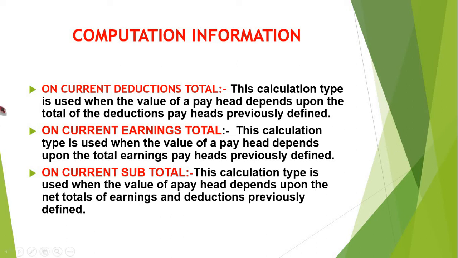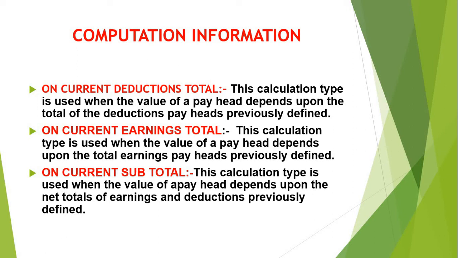Next one, on current earnings total. This calculation type is used when the value of a pay head depends upon the total earnings pay heads previously defined. So what are the total earnings pay heads? Basic, DA, HRA, conveyance, overtime, variable pay.